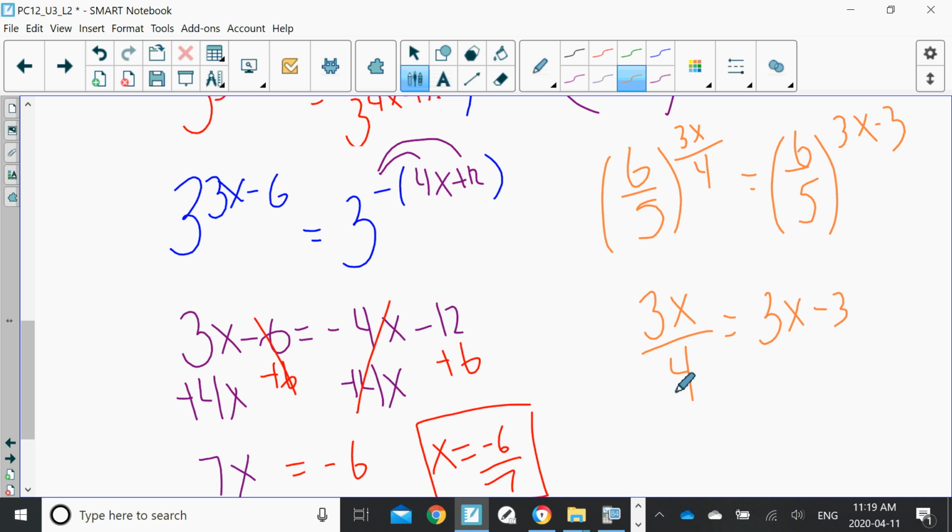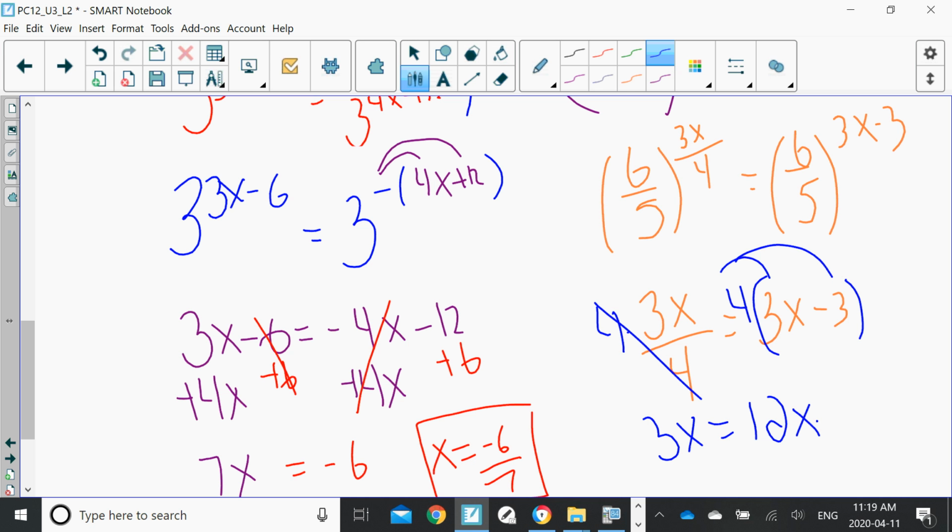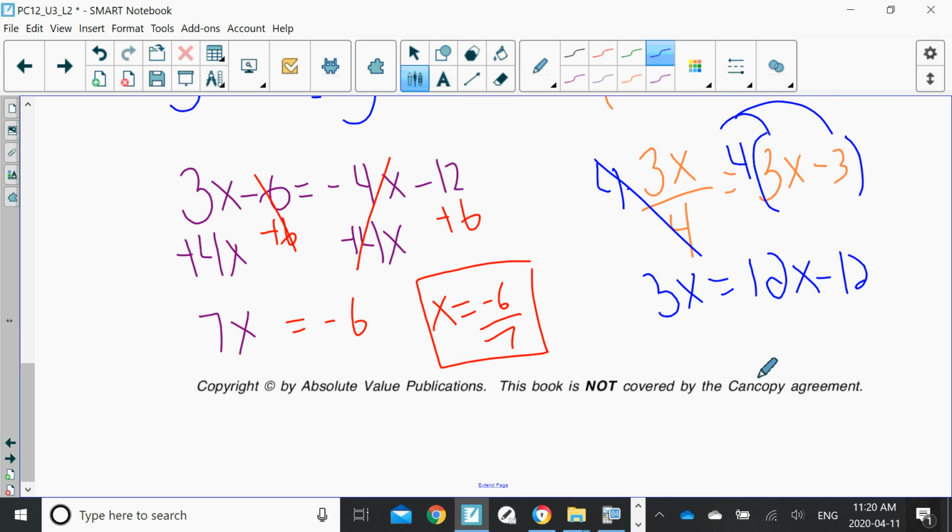X is being divided by 4. The opposite of dividing by 4 is multiplying both sides by 4. 3x is equal to 4 times 3x, which is 12x, minus 12. Let's subtract 12 from both sides. Or maybe what I'll do is this.